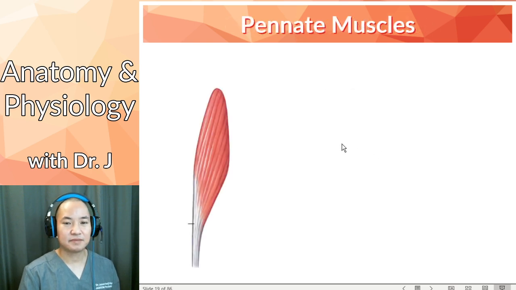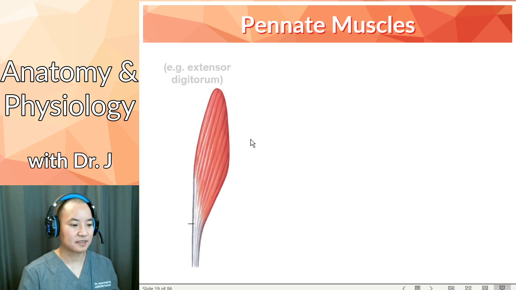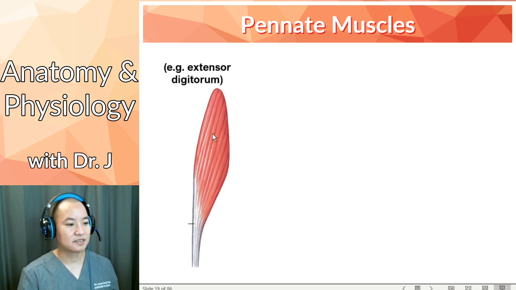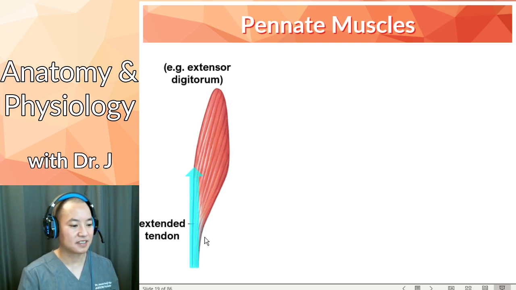Then you have pennate muscles. Now this is kind of funny because, with pennate muscles, this is where you really have to understand that tendons are important for muscles. But again, tendons are dense, regular connective tissue containing a lot of collagen, and they're not contractile. They're very strong, but they don't do the contracting. So here's the extensor digitorum, and here's the extensor tendon.